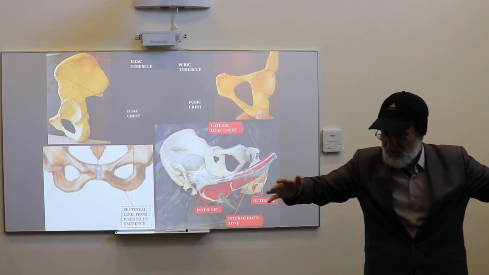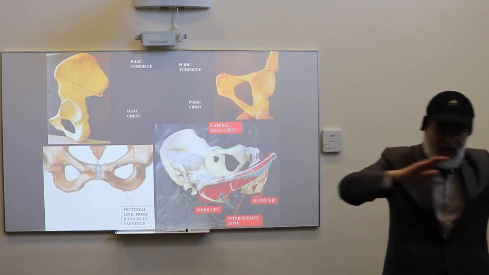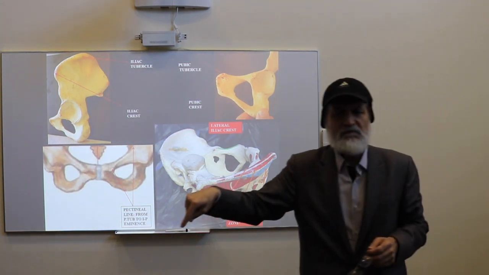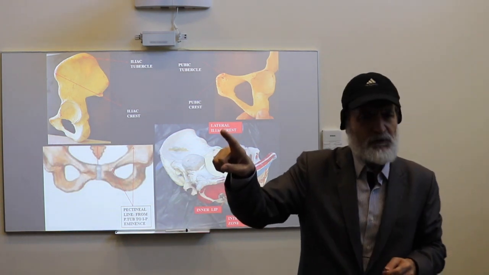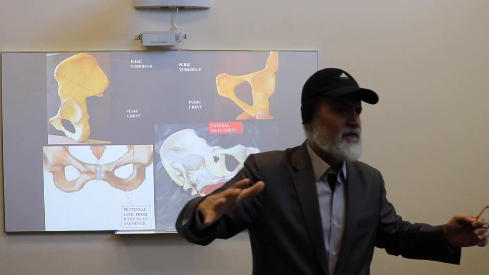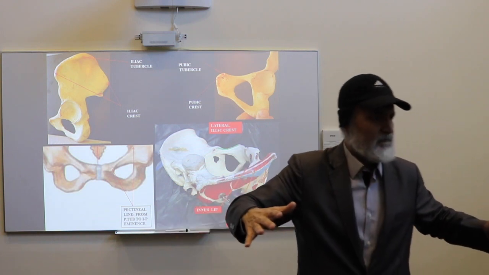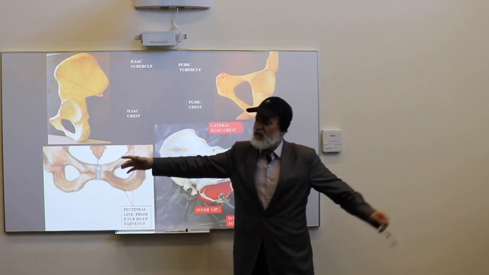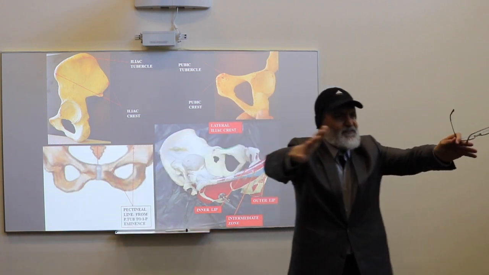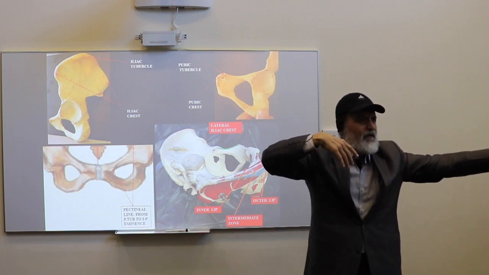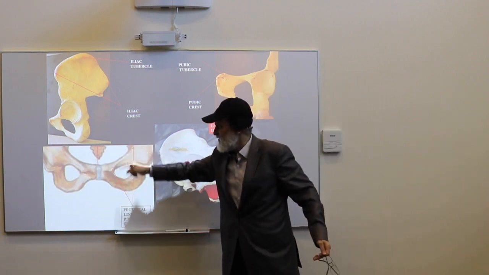I'm not downgrading any science. Any kind of science stands by its own, except medicine. It includes all. It's art, and art includes all. This eminence is the meeting of two continents, two bones, ilium and pubis: the iliopubic eminence.